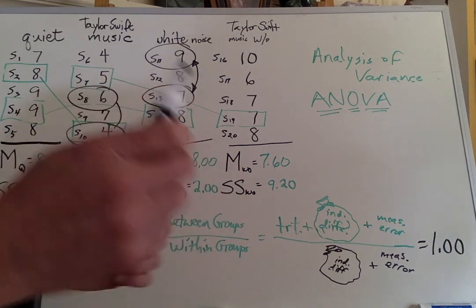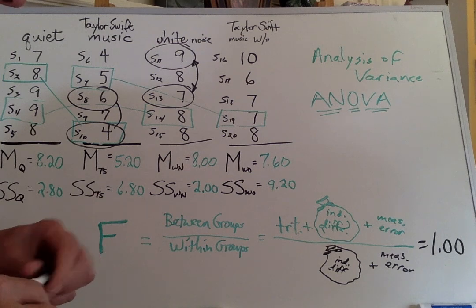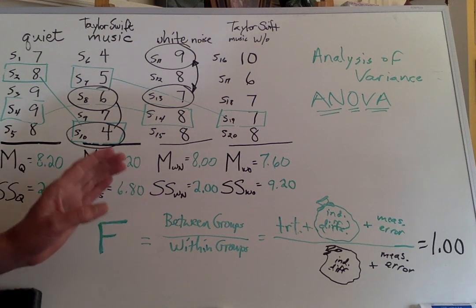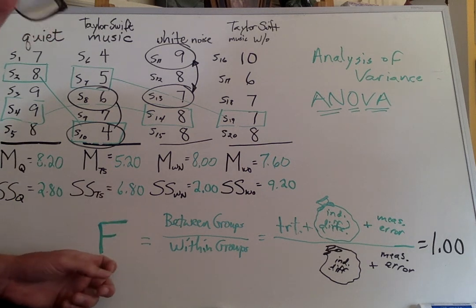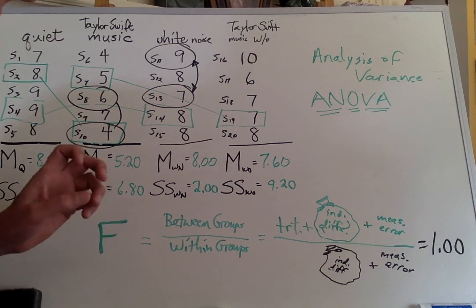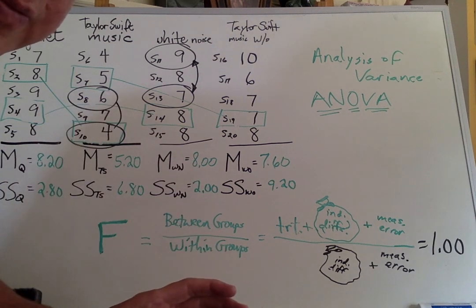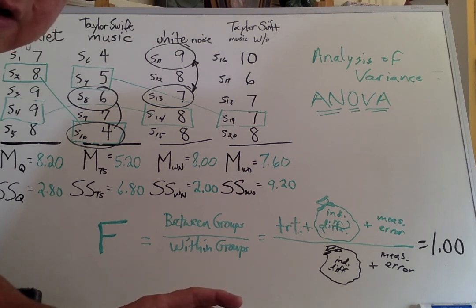So now we're going to back up that logic and we're going to say, when we do the computations, we'll actually get a value for F, okay? When we do the computations, if it's more than 1, then we can start to suspect that there's a treatment, okay?